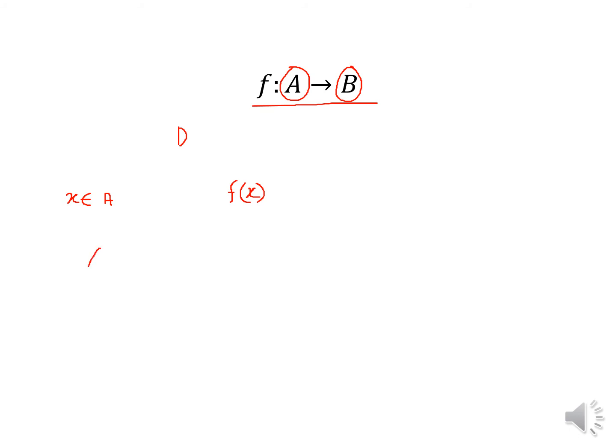So let A be this set and let x belong to A, and let B be this set and let y and z belong to this set B. Now let this y belonging to B be assigned to x.